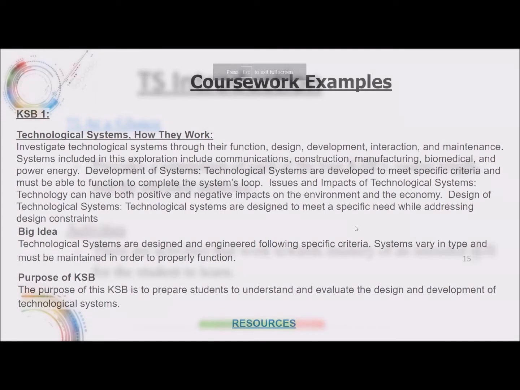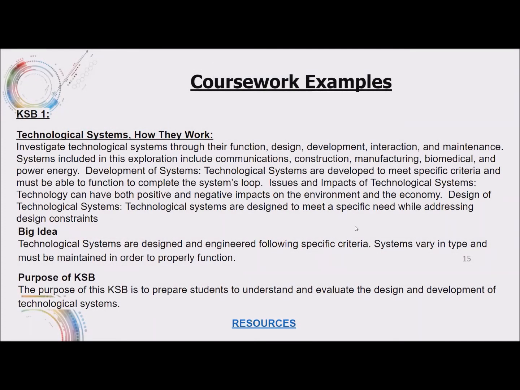Let's start to go a little bit deeper into technological systems and, overarching, how do they work overall? This is built directly into the coursework, meaning KSB 1, Knowledge Skill Builder, around technological systems. It is completely around investigating through functions, design, development, interaction, and maintenance. The systems include exploring communications, construction, manufacturing, biomedical, and power energy.